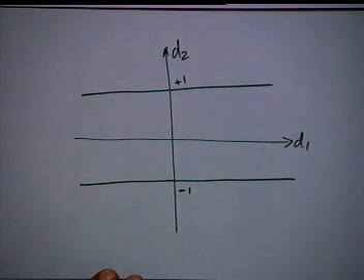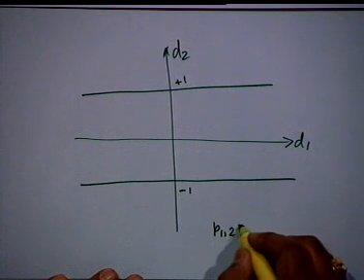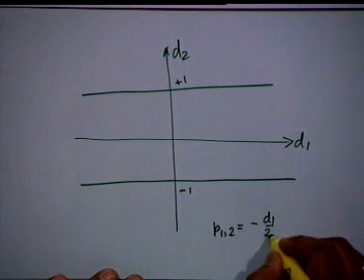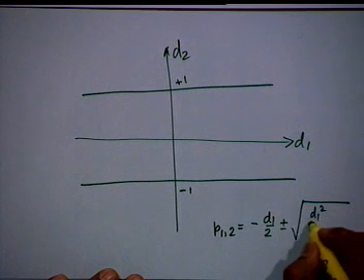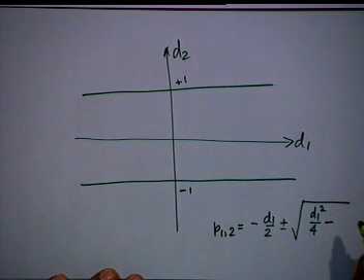Now, there are two possibilities. The poles can be real or poles can be complex. In either case, p1,2 shall be equal to minus d1 by 2 plus or minus square root of d1 squared by 4 minus d2.